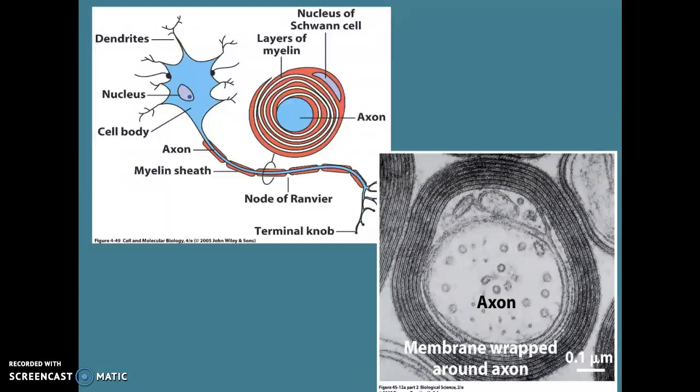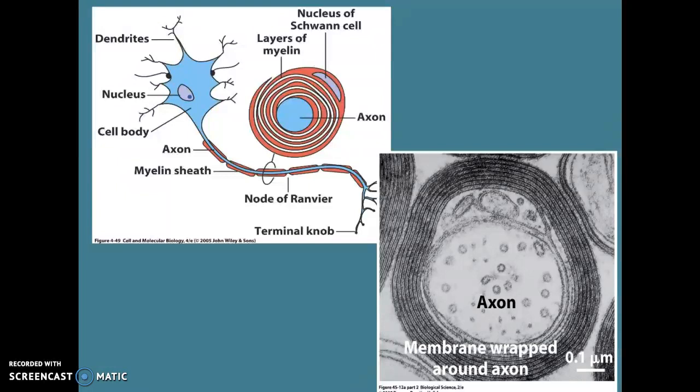And these nodes of Ranvier are the only places where the sodium channels are able to interact with the extracellular sodium milieu. And so what happens in the motor neuron is that the depolarization jumps from one node of Ranvier to the next node of Ranvier, because those are the only available sodium channels to open that have extracellular high sodium content.